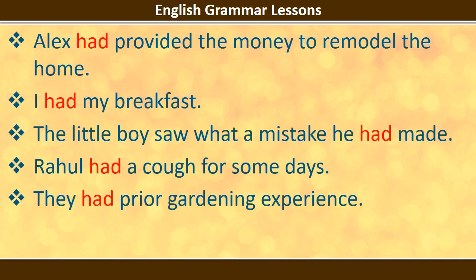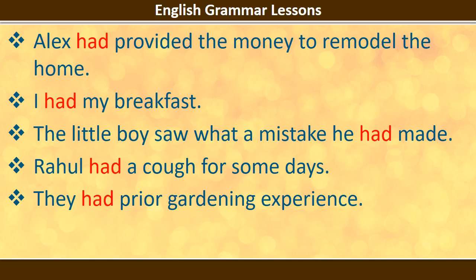The little boy saw what a mistake he made. It means the little boy recognized what mistake he made. He is talking about the past activity. So we are using had. Rahul had a cough for some days. It means he suffered with cough in the past days.